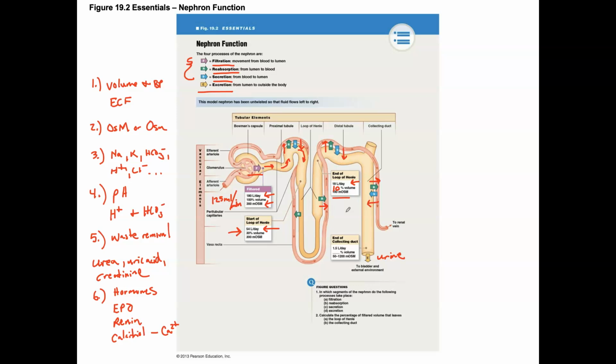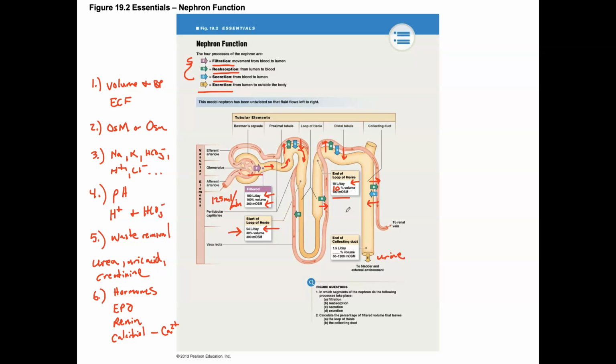In the distal convoluted tubule and the collecting ducts, we tend to have more hormonal regulation taking place. This is where you see the effects of antidiuretic hormone, aldosterone. We are making adjustments to the fluid that's in the distal convoluted tubule. We may be secreting things into the distal convoluted tubule. So we're making adjustments to the fluid in the nephron to eventually determine what the urine output is going to look like.